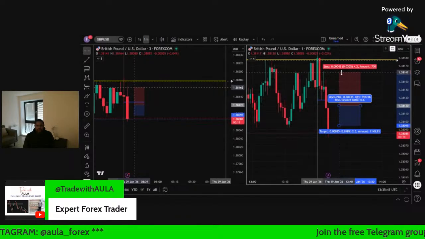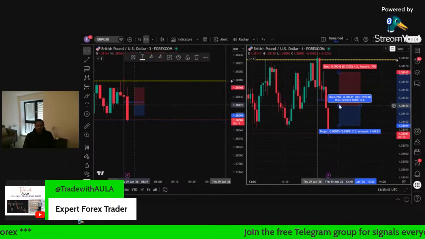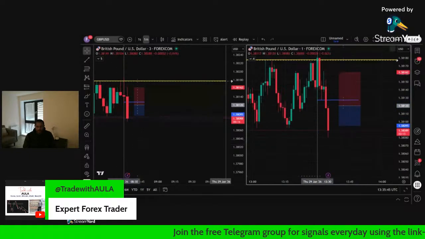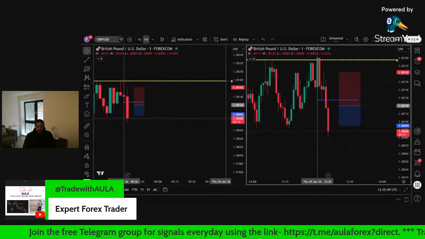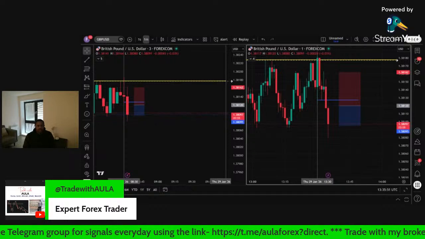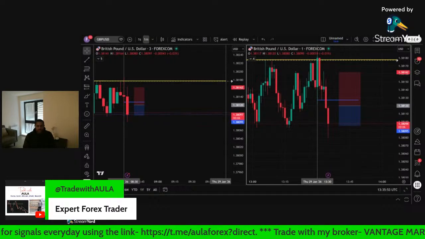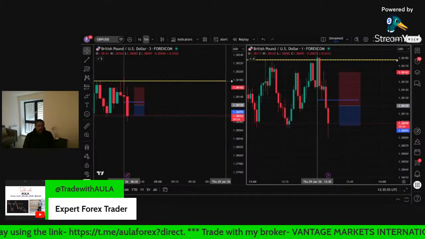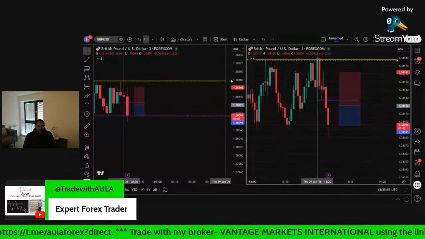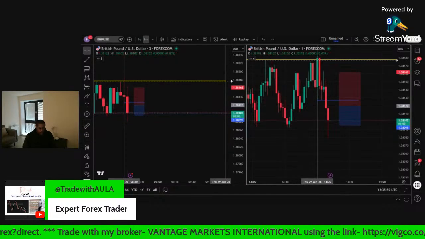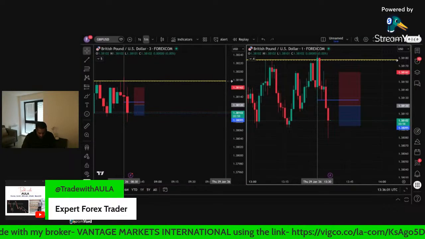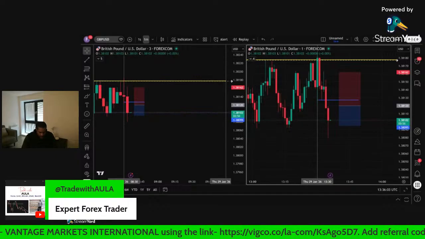So I'm going with 4.3 pips stop loss. Now I have to calculate quickly. I will not be able to take it to where I calculate because things are moving too fast. I use my FX book. So GBP USD, quickly.